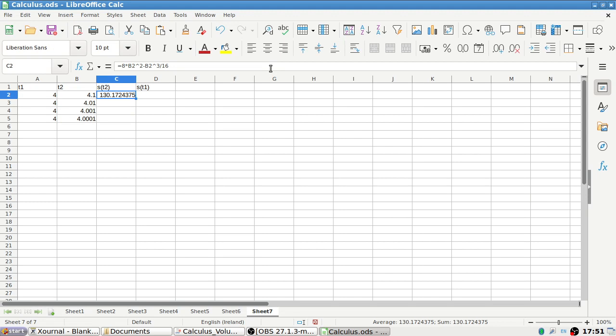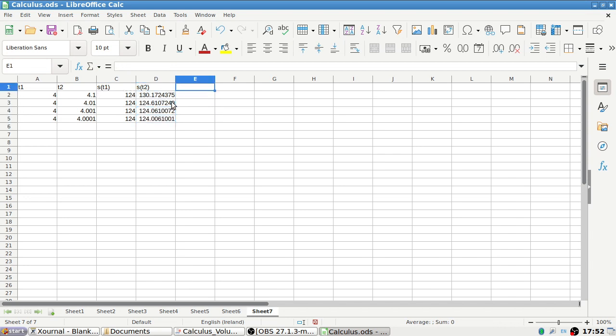Okay, and then it would have been better if I had these the other way around to match up with this, because then I can copy and paste it more easily. So I'll change this to S of t1, just the S of t2. Instead of B, I'll make it A.